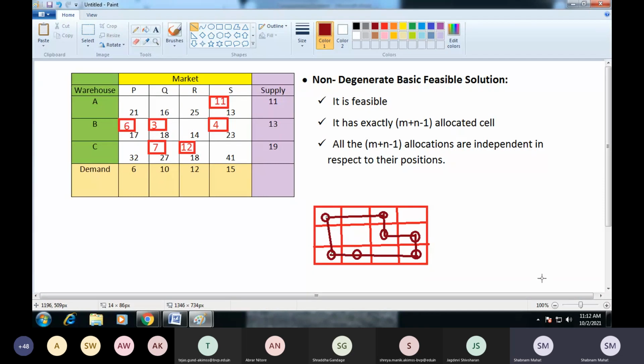Your allocation forms one loop. If an allocation forms one loop, then it is called dependent. This is a dependent allocation.